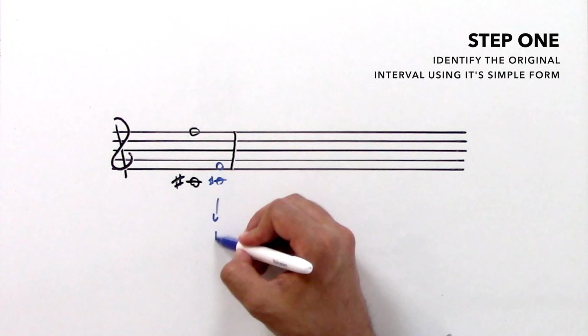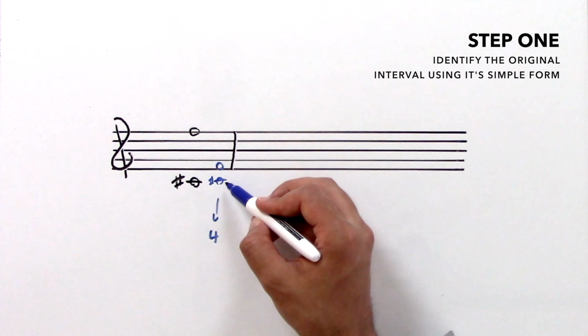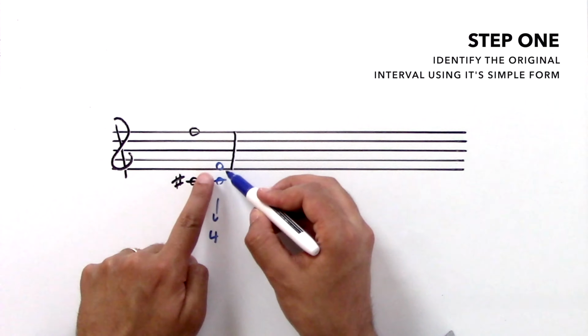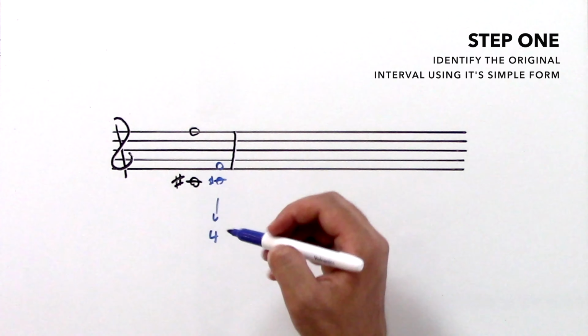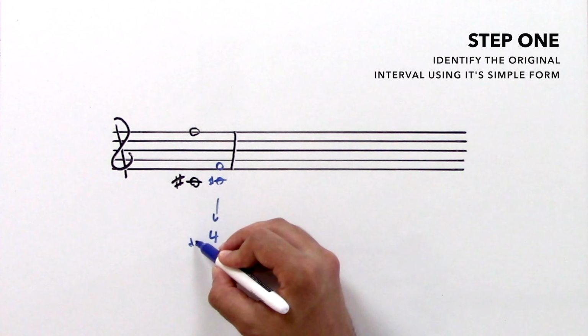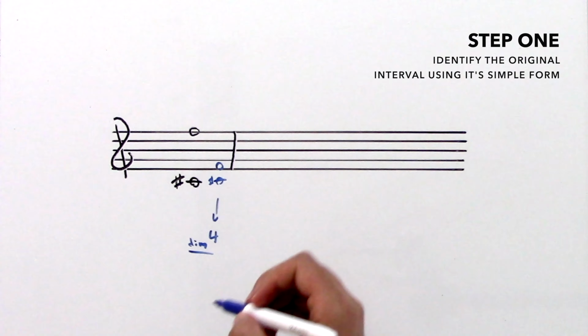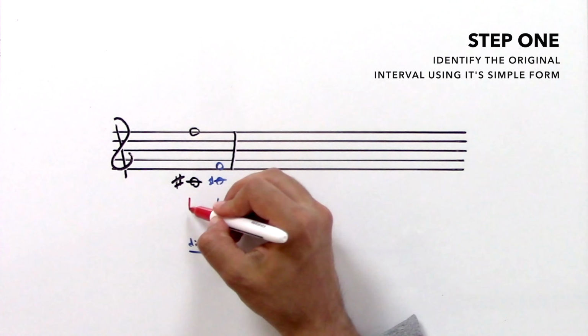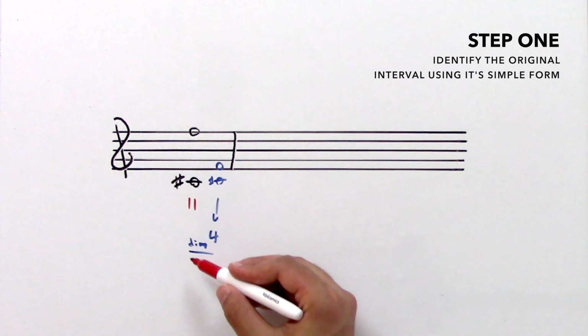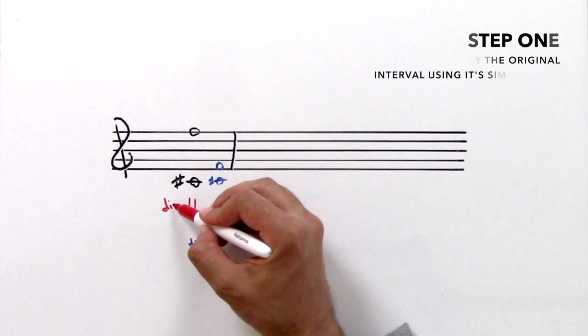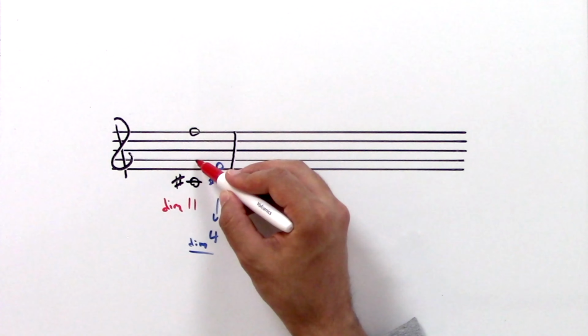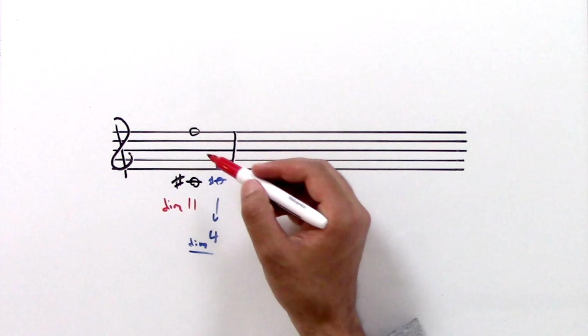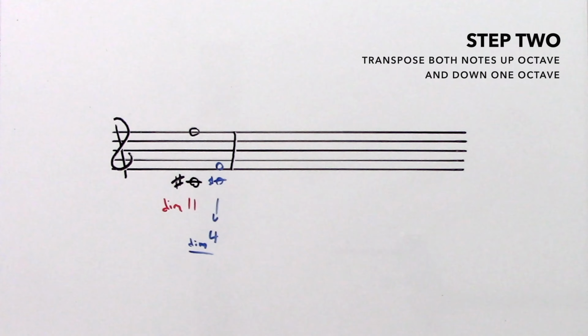C to F is a fourth, and I know that C natural to F is a perfect fourth, so since this is smaller than that, this must be a diminished fourth. And because I know that a fourth is equivalent to an 11th, and the quality must also be diminished, 1, 2, 3, 4, 5, 6, 7, 8, 9, 10, 11. So this is a diminished 11th.